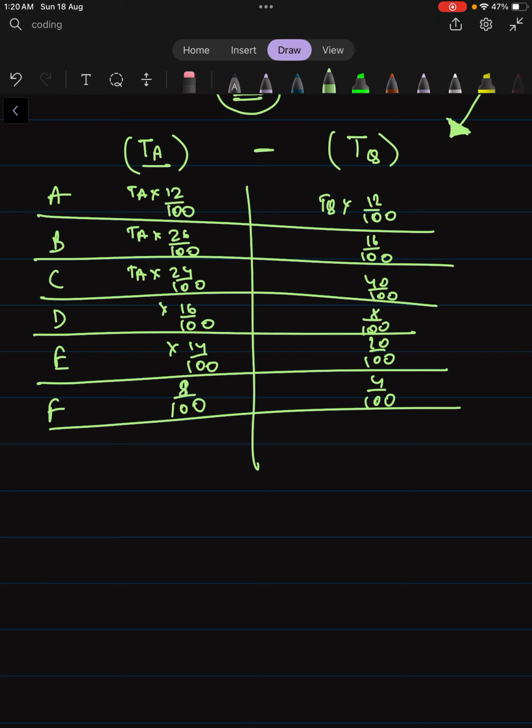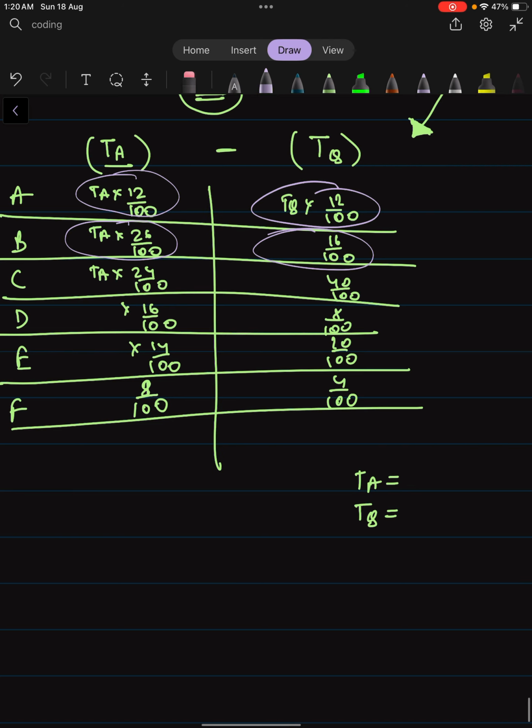Now you would want that TA is something, TQ is something, because every entity which I have marked here will be an integral value, because we are talking about students. So that has to be of type 100k maybe. Well, 100 is too generic a term, we want to take it even further. What values can we choose for TA?